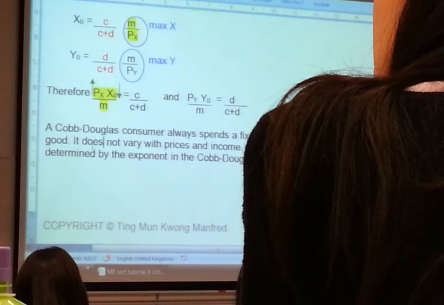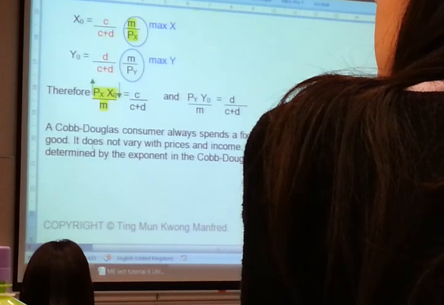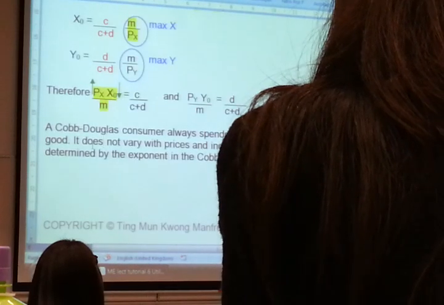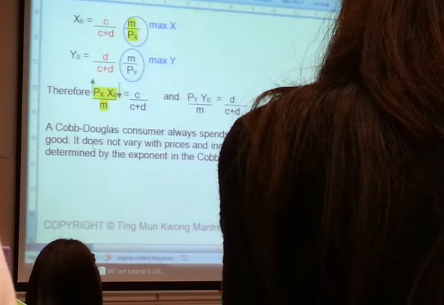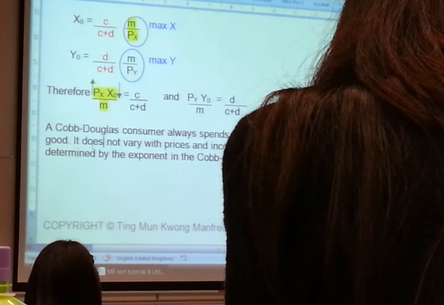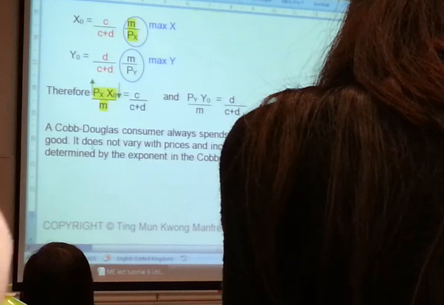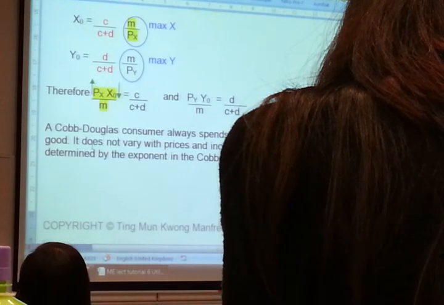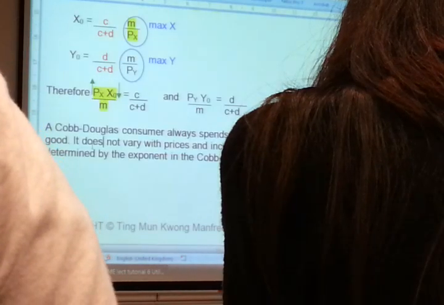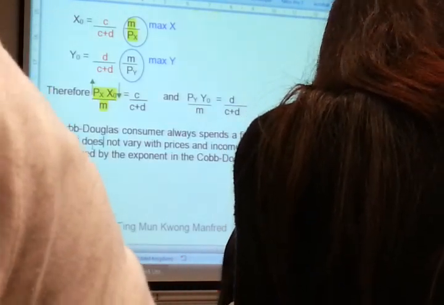The Cobb-Douglas consumer always spends a fixed fraction of their income on each good. His spending on X in relation to his income is a fixed fraction, let's say 1/4. His spending on Y, Py times y, as a fraction of his income is, let's say, 3/4. So a Cobb-Douglas consumer always spends a fixed fraction of his income on both goods.